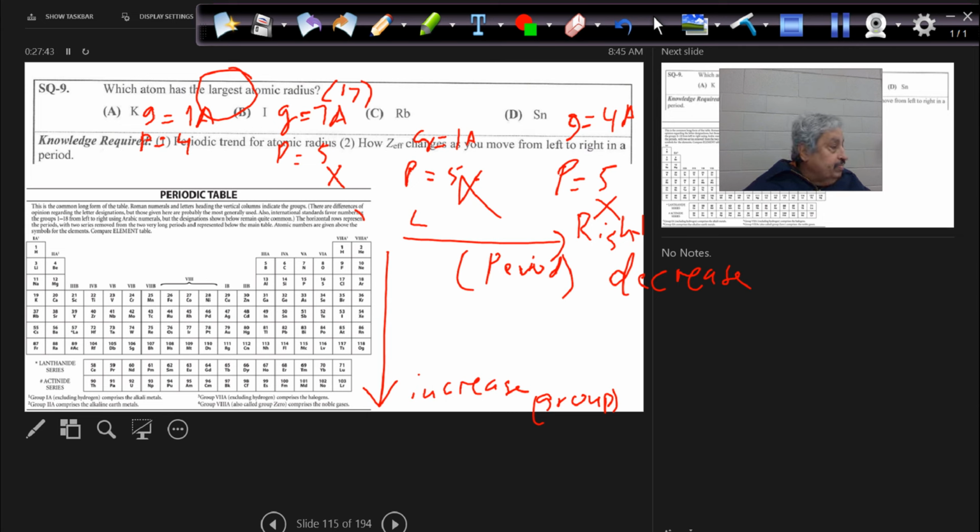The radius. Within the group, rubidium is larger than potassium, than sodium, than lithium. But if you go for the iodine from left to right, it will decrease. Rubidium is higher than potassium and then iodine, correct?